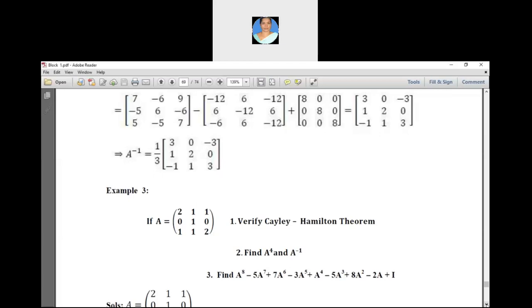Third, find the value of A to the power of 8 minus 5A to the power of 7 plus 7A to the power of 6 minus 3A to the power of 5 plus A to the power of 4 minus 5A cubed plus 8A squared minus 2A plus I.